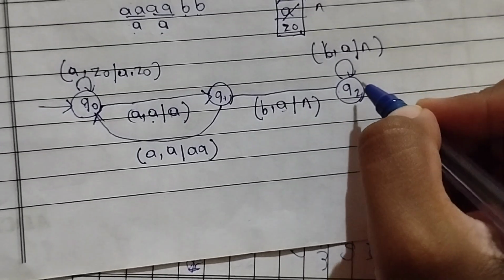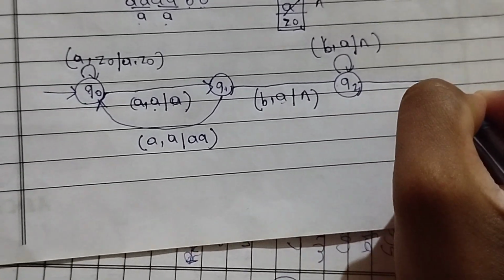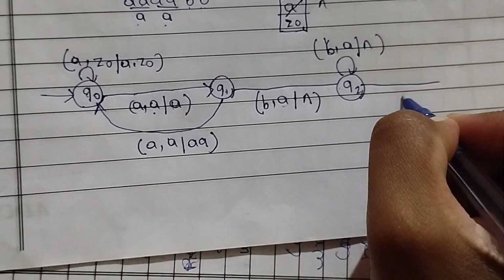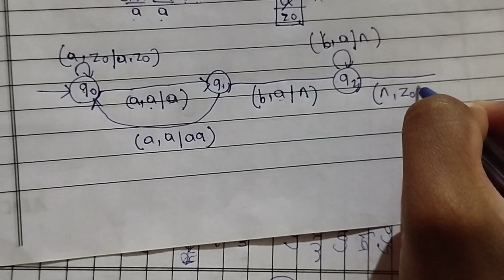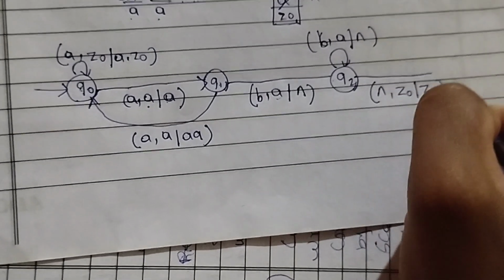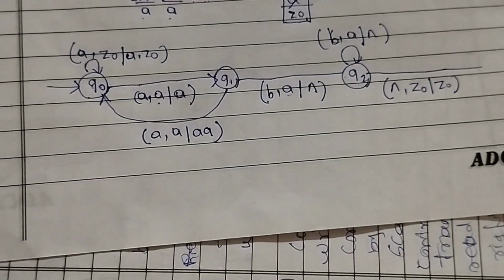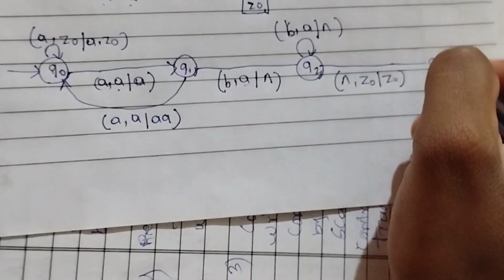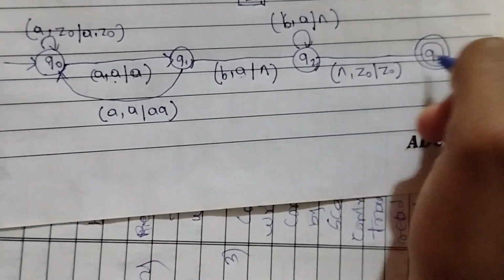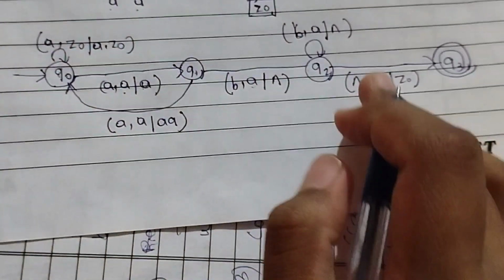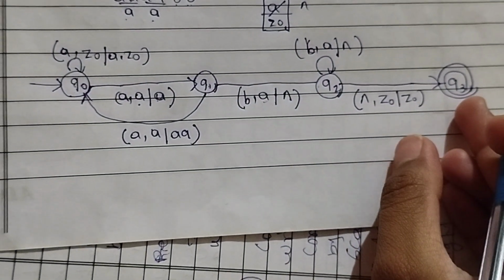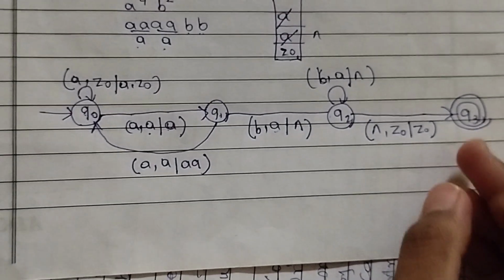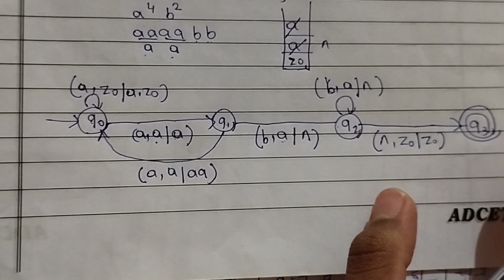So all the a's and b's are finished and now we read null. Z0 is initially present, we read null and keep Z0 as it is. And now we are in the final state, Q3. Here is the acceptance state, meaning we read null, Z0 as it is, and we are in the final state. So in this way we draw the PDA.